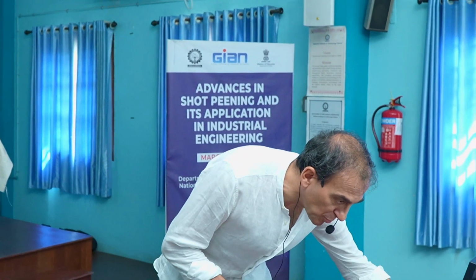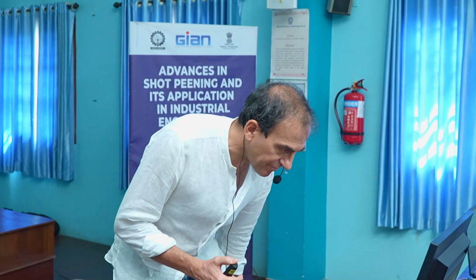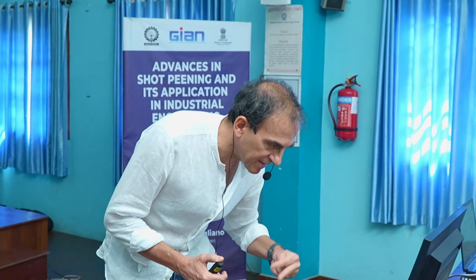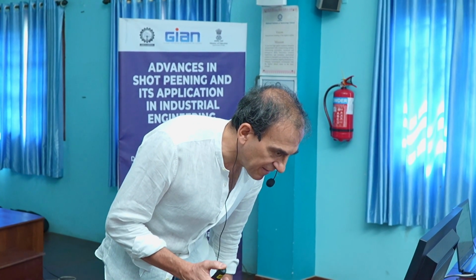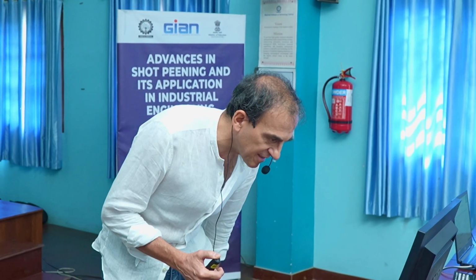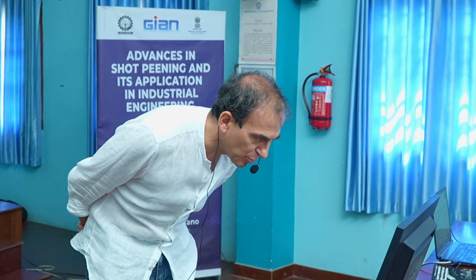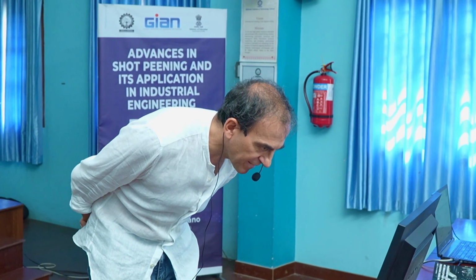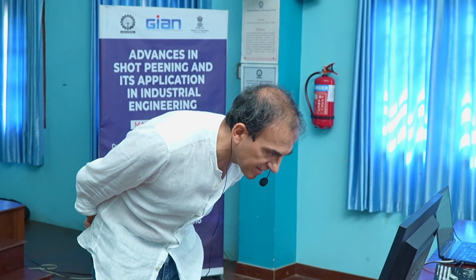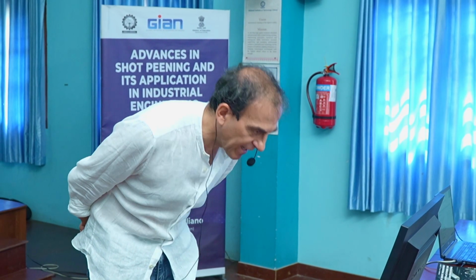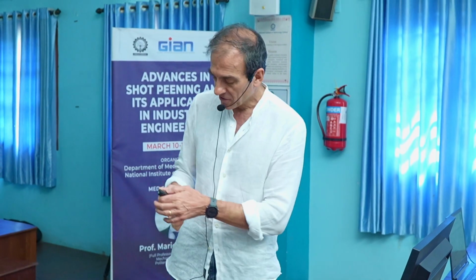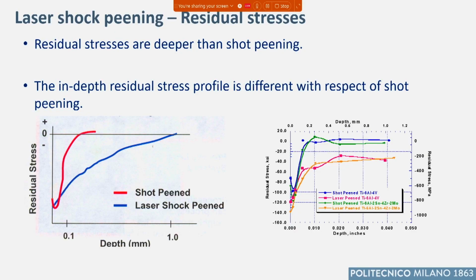Here we have another graph. This is more quantitative. This refers to two materials, shot peened and laser peened. The first is titanium, the classical titanium 6 aluminum 4 vanadium alloy. The blue line is shot peening, and the pink line is laser shot peening. Also in this case, what we said, commenting on the graph on the left, is confirmed.